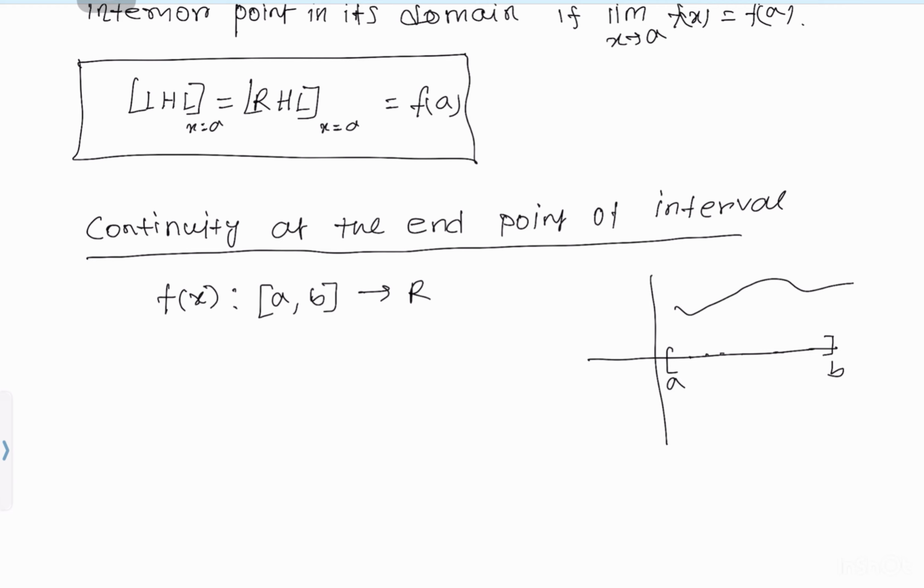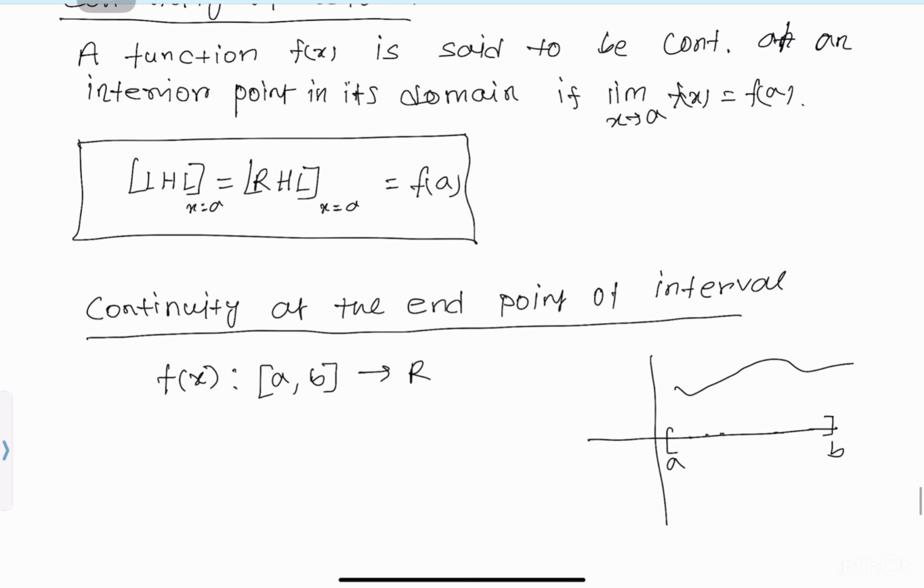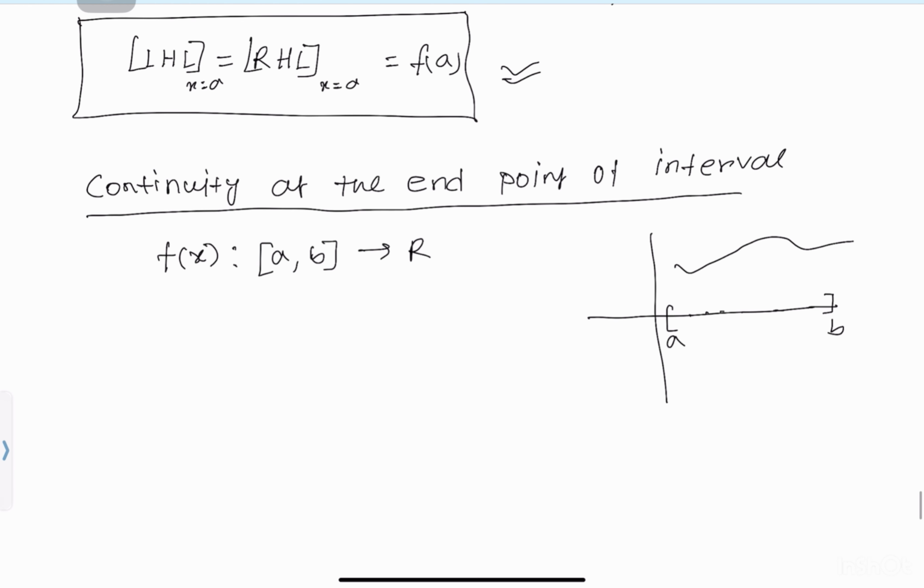Now if we want to check the continuity at the end points of the interval, for interior points you have to check the condition above, but in the case of end points, that means point a and point b, how to check? Just find the right hand limit at x equal to a. If this is equal to f of a, then the function is continuous at point a.